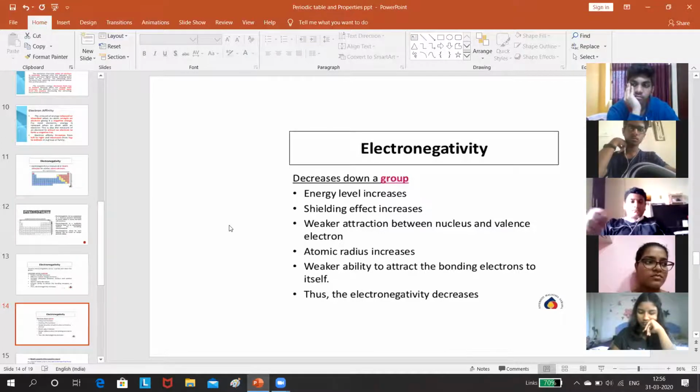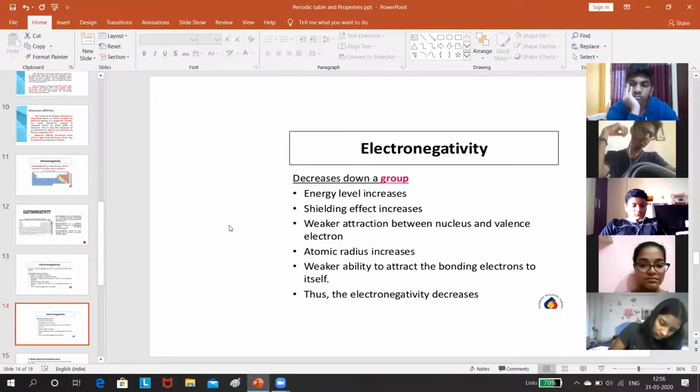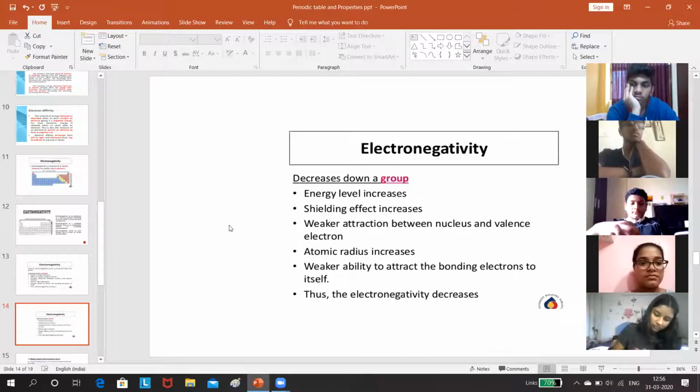Electron affinity is the tendency of an atom to add electrons, when an electron is added to the neutral atom. Example, a chlorine atom adds an electron and becomes a Cl minus ion. Whereas electronegativity is in the compound.